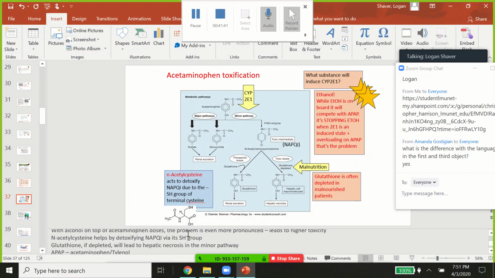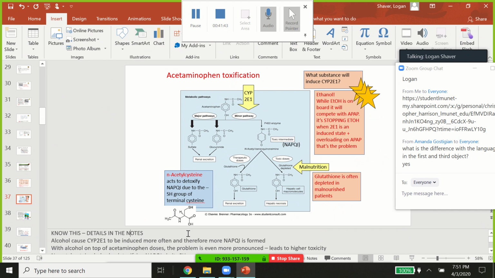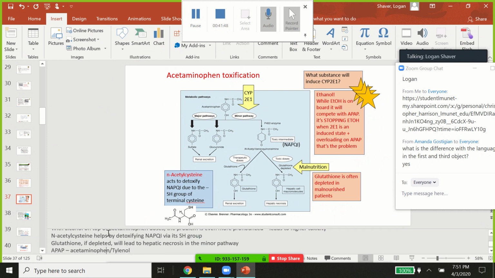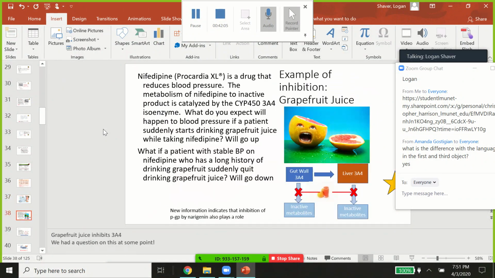By the way, I do have probably more detailed notes about what's going on in here, because I think she explains it fairly well anyway. But APAP, by the way, is just another way to say acetaminophen, Tylenol. That's what APAP is, in case anybody's confused. But anyway, just make sure you know this mechanism.